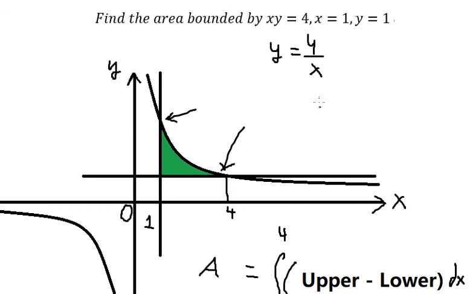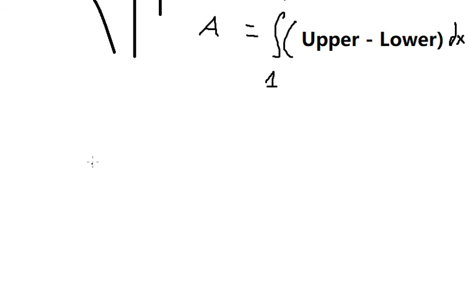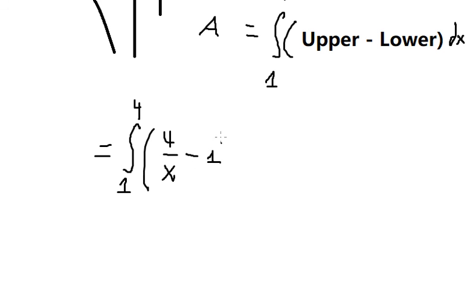The lower is y equals 1. So we have the integration from 1 to 4, and we have 4 over s minus 1 ds.